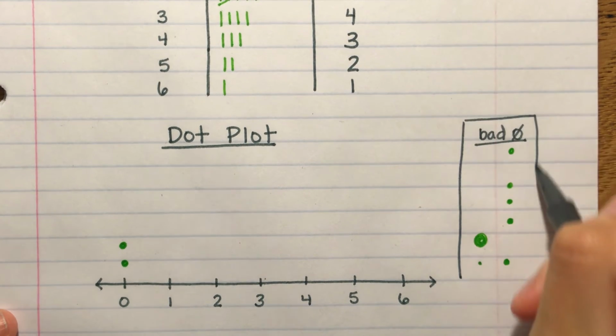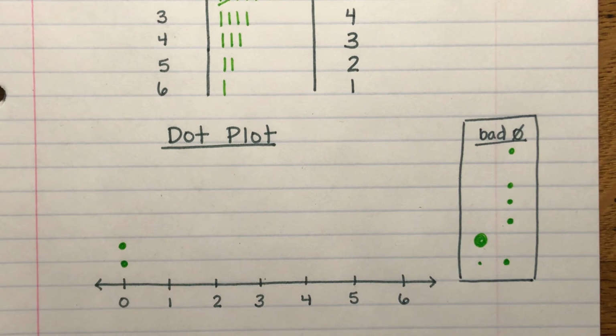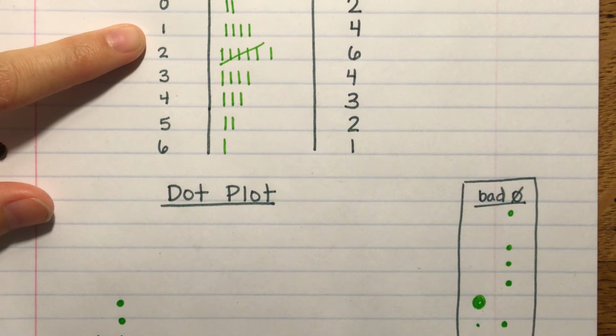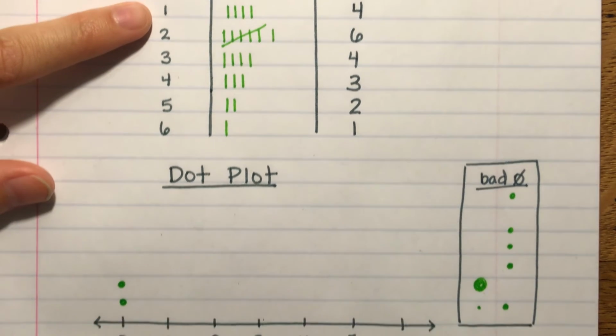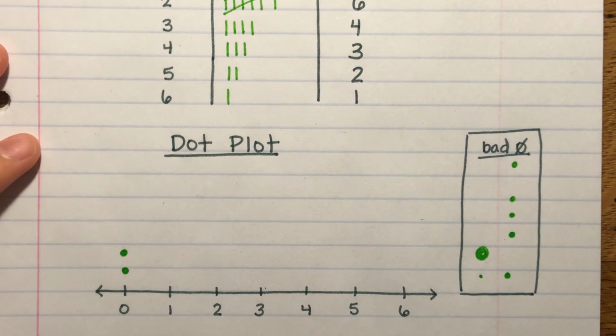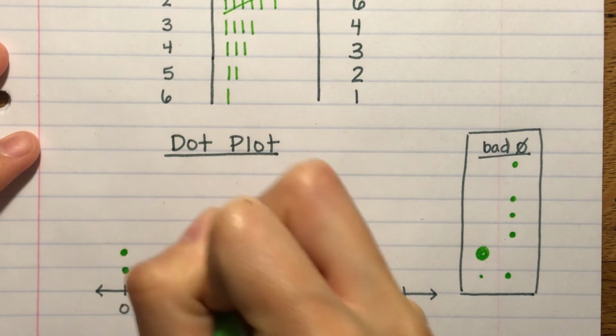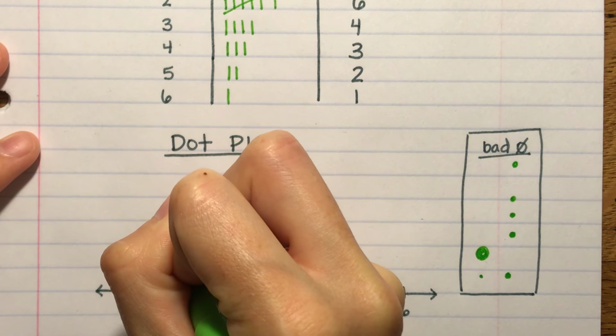Okay, so I've got the 0 dots down. Now I'm going to go to the ones, and up here it says that my frequency, how many ones I saw in my list, was 4. So back down here, I'm going to put 4 dots above the number 1.